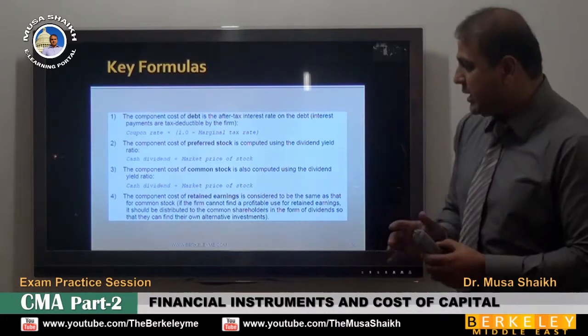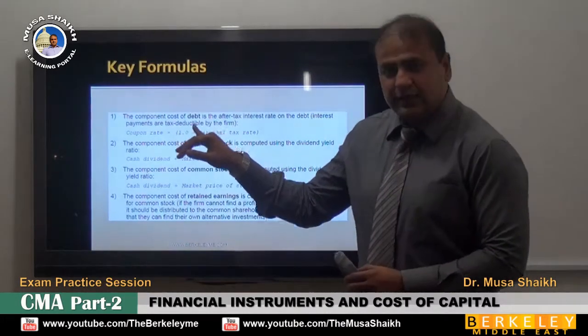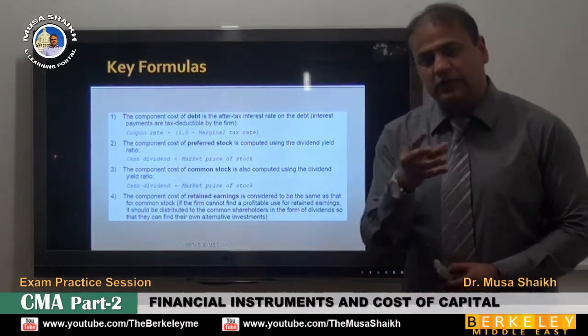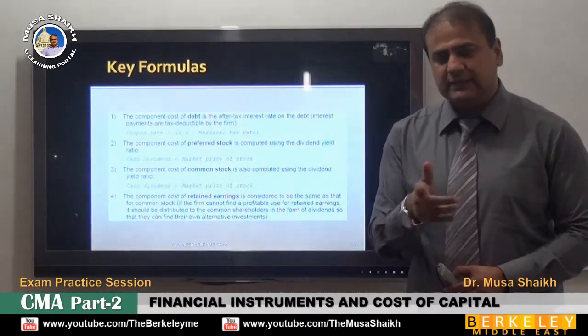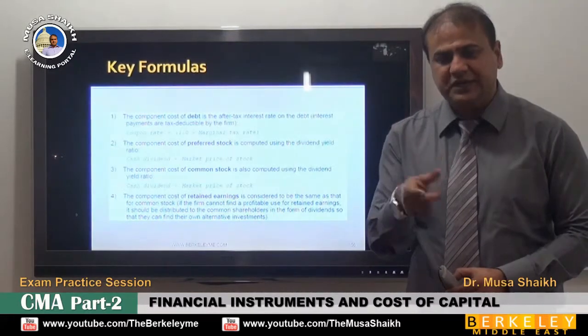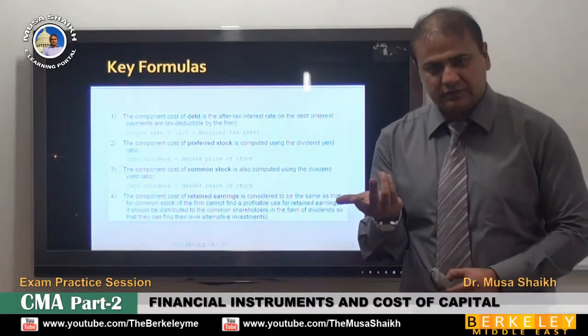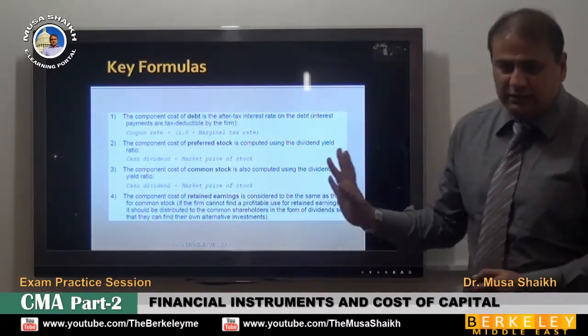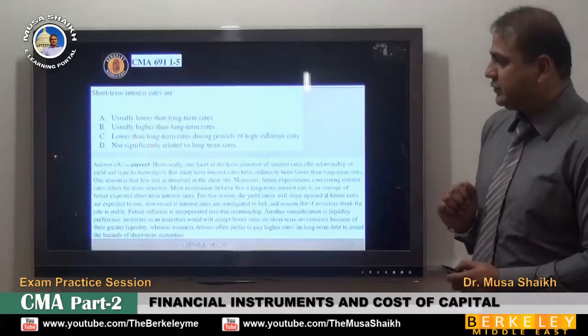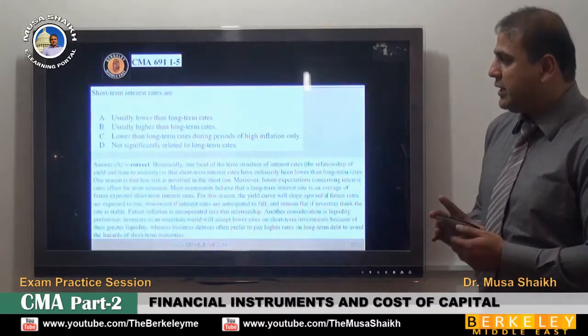So these are four formulas. First we apply them to the question to get a percentage. Then we add them and get a weighted average cost of capital. This slide I will refer back to when I solve the questions, so you can be very confident.